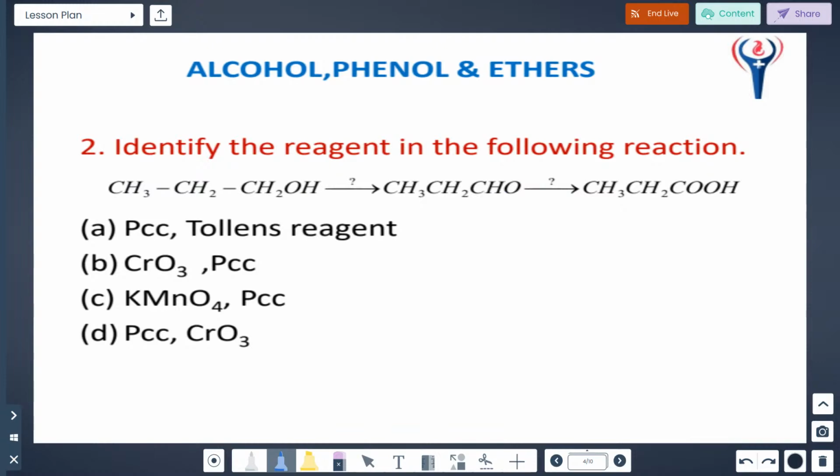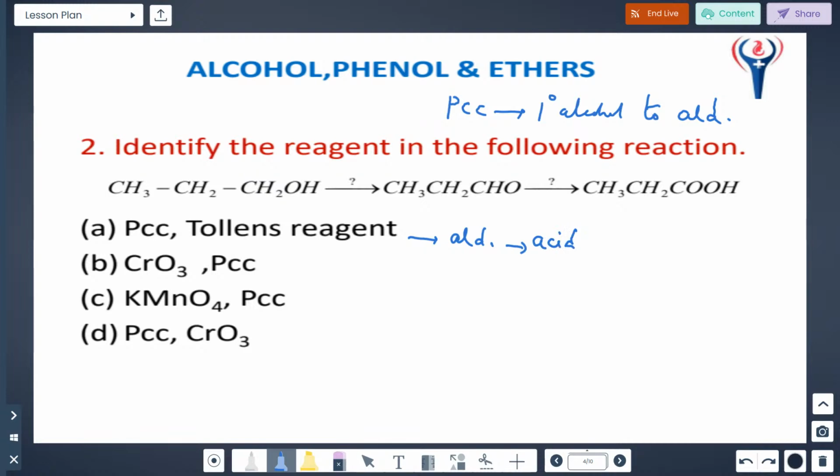What is PCC? PCC converts primary alcohol to aldehyde. Tollens reagent converts aldehyde into carboxylic acid.